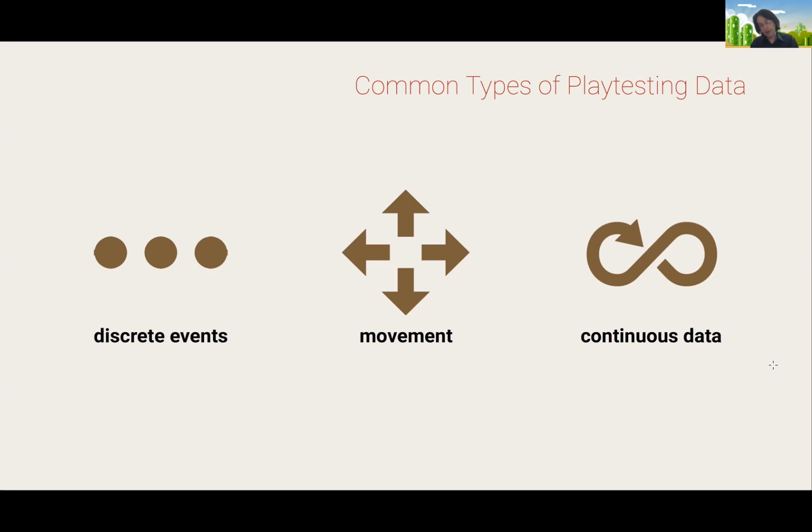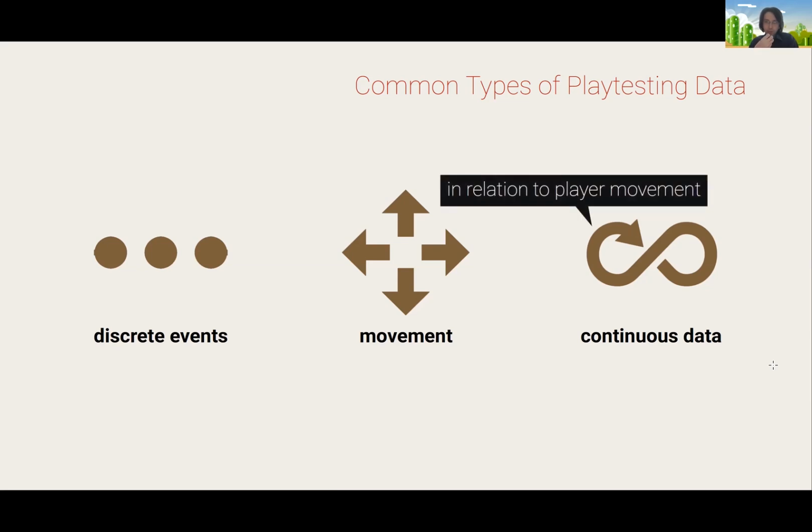It could also be data measured through a sensor, physiological data, for instance. And here, I think it's very important to emphasize that it's always good to visualize or interpret the data in relation to player movement. So you have a sense of where something happened in the game environment.